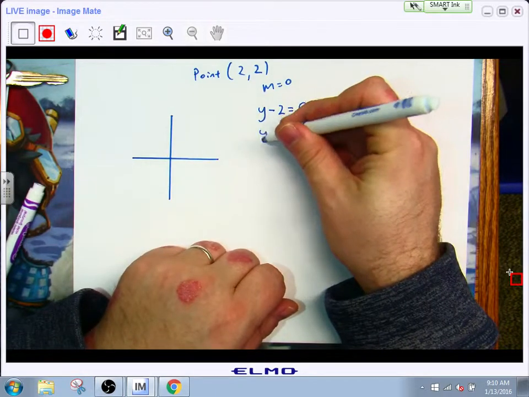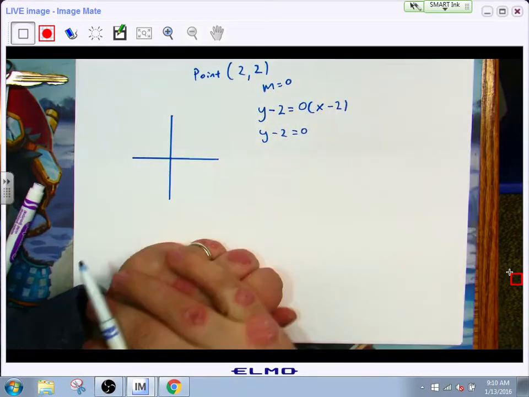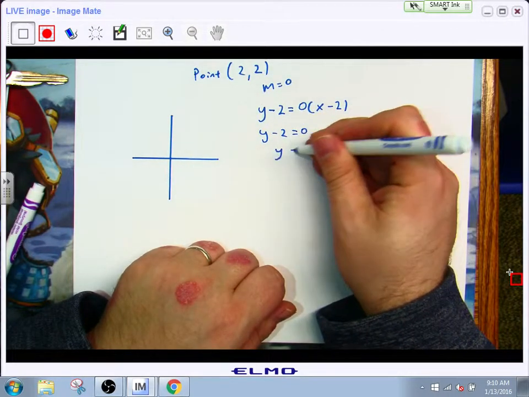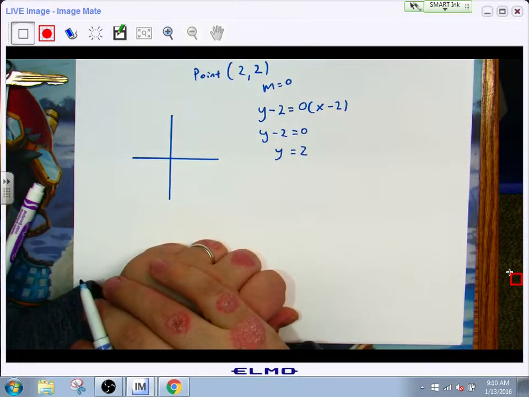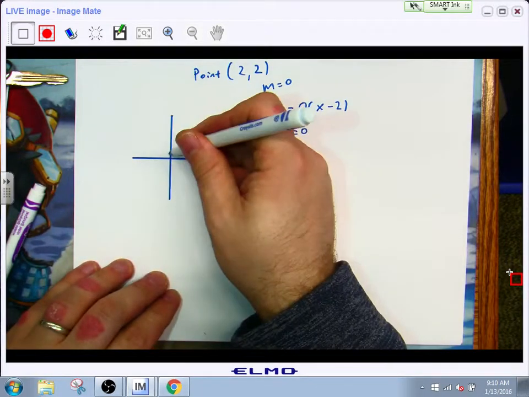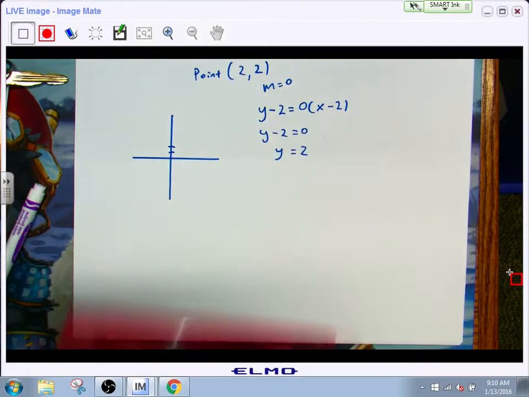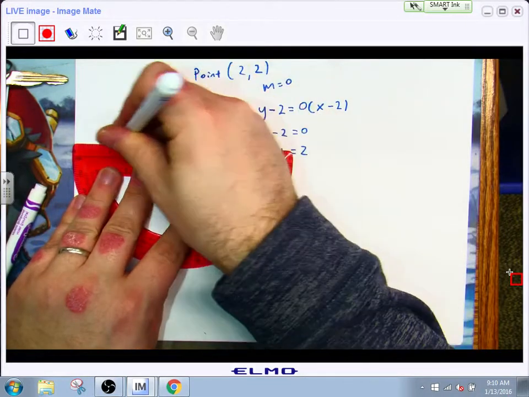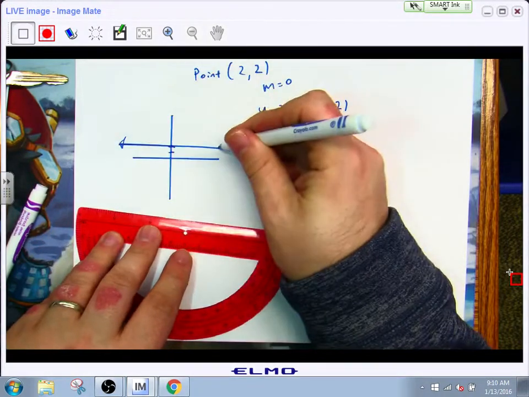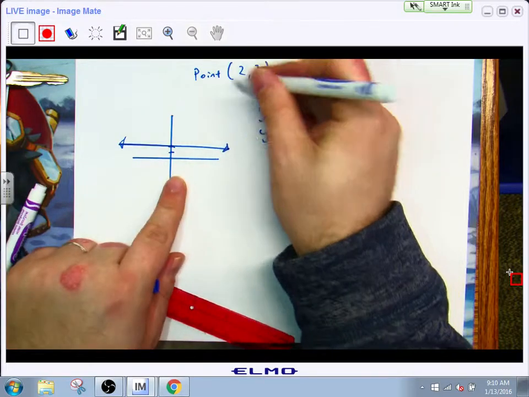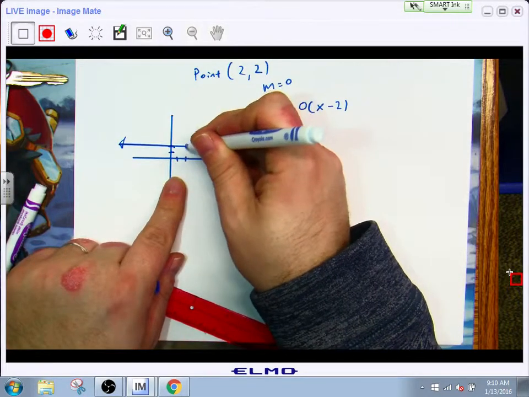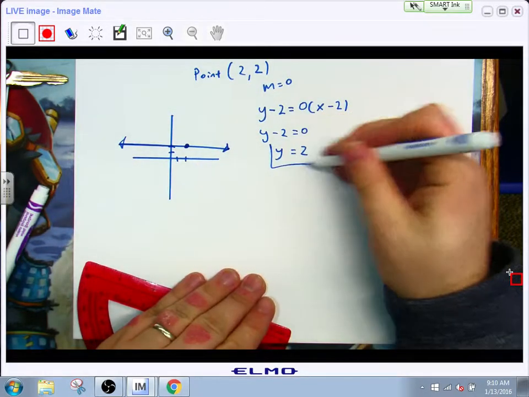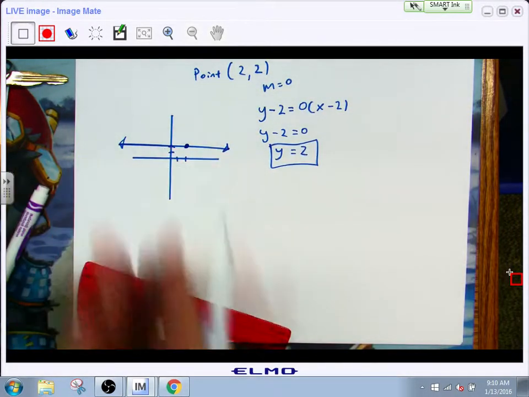So I have y minus 2 equals 0. If I just solve for y, I have y equals 2. So what's y equals 2? That means I go up 1, 2, and I draw a horizontal line. Now, does this go through the point (2, 2)? Absolutely it does. Does it have a slope of 0? Yes. y equals 2 is represented there.